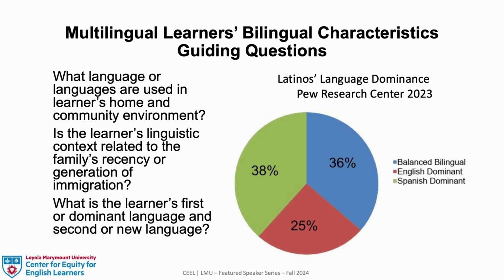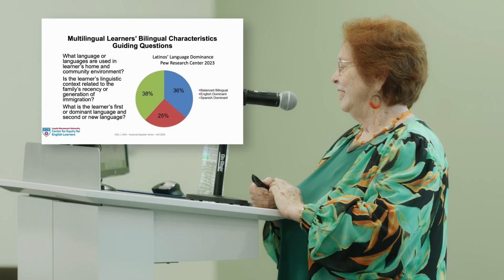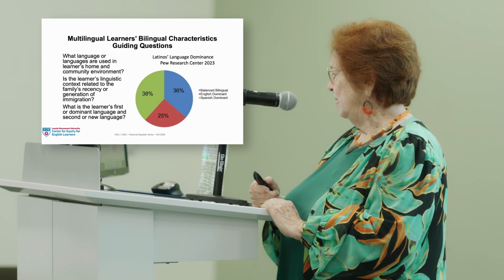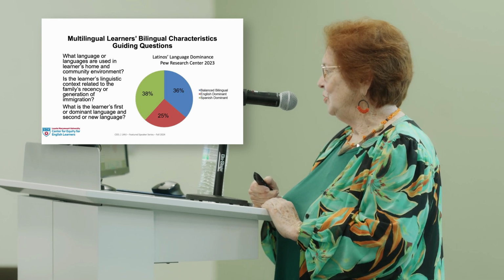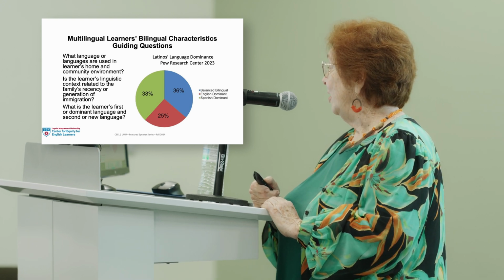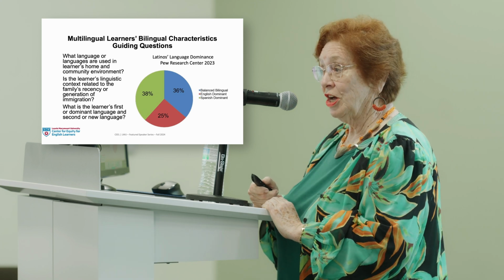So, for example, in terms of looking at multilingual learners, this from the Pew Research Center shows us that the Latino population overall has a different profile in that 38% of the Latinos are Spanish dominant, 36% are balanced bilinguals, and 25% are English dominant.